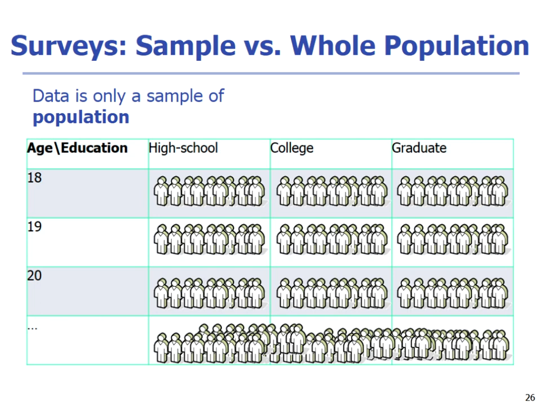So this is an example of a sample, the sample versus the whole population. In this example, we have age, education. So many students in high school, in college, and graduate with different ages, and this schema or this figure presents just a sample of the population.